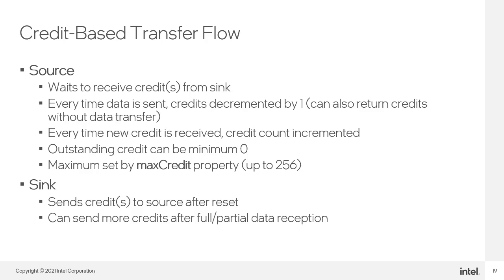The sink can provide additional credits at any time, even if the source still has credits available, but again, the source must keep track of this. The number of credits at the source can never be less than 0, and the maximum number of credits available is set with the max credit property. This can be set to a maximum of 256 credits.